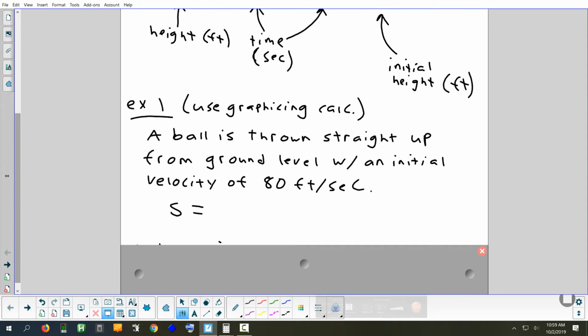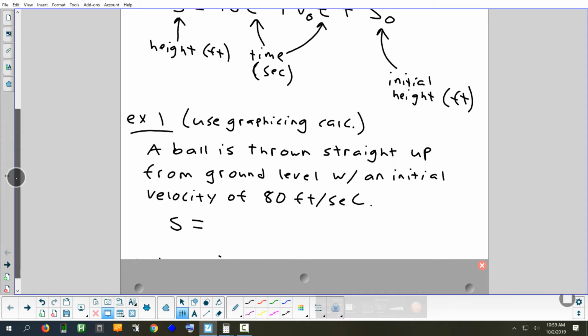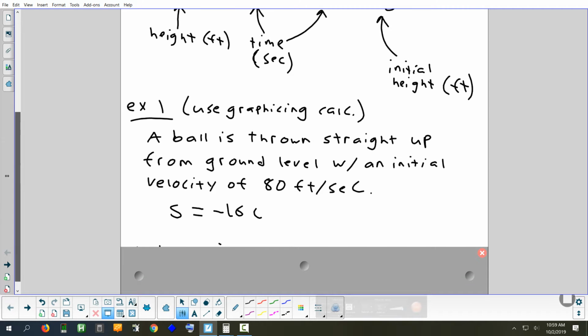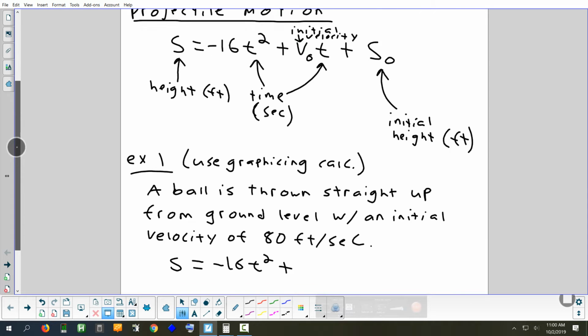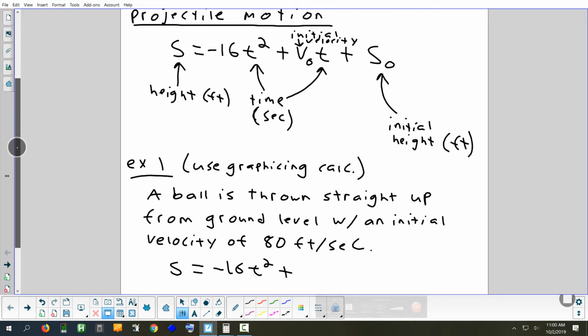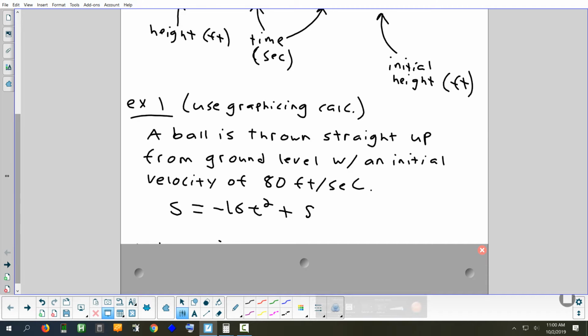S equals negative 16t squared plus v sub 0 t, which in our case is 80t. So there's a formula that will tell you how high this object is going. Any questions on the formula?